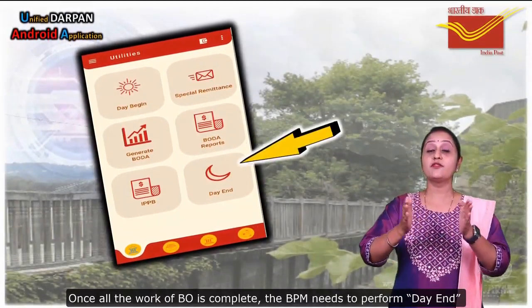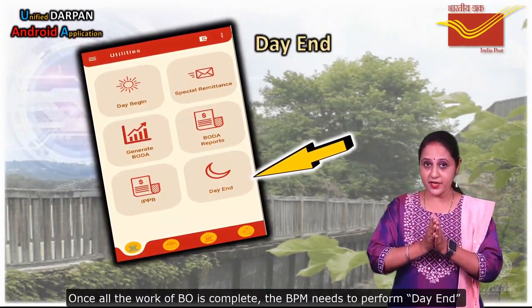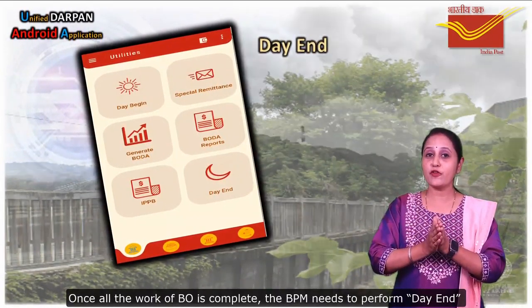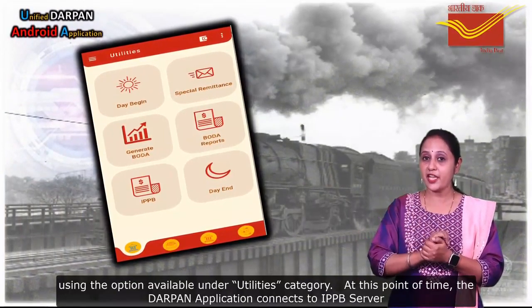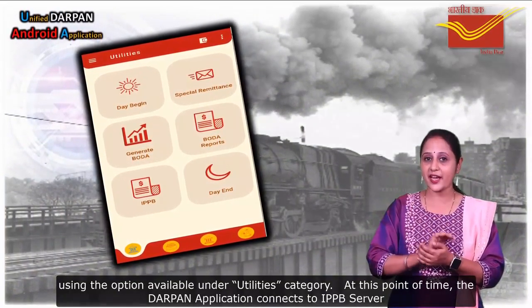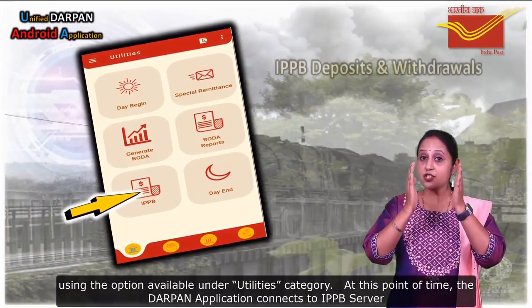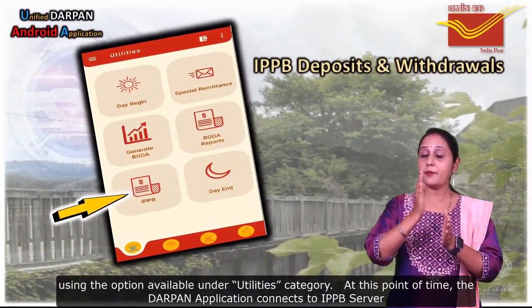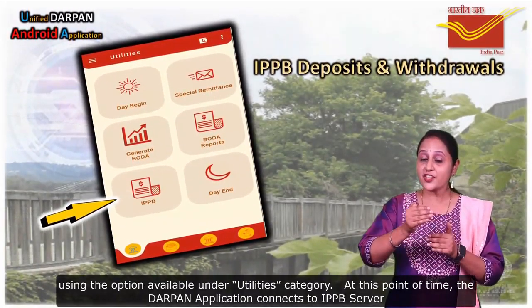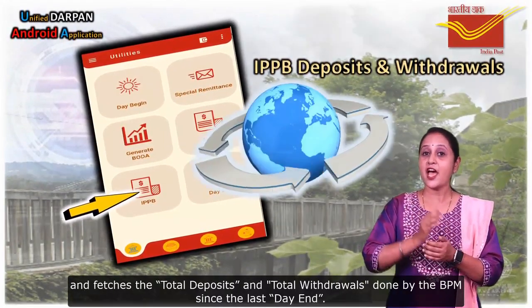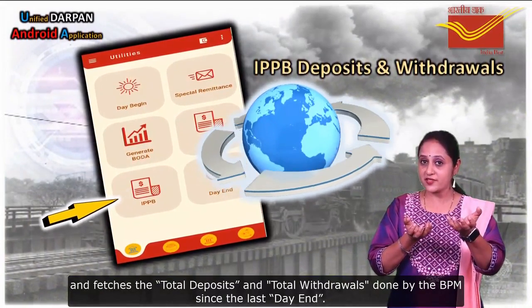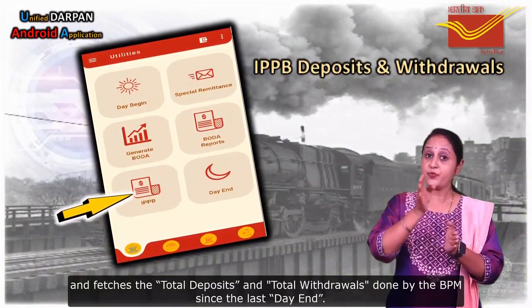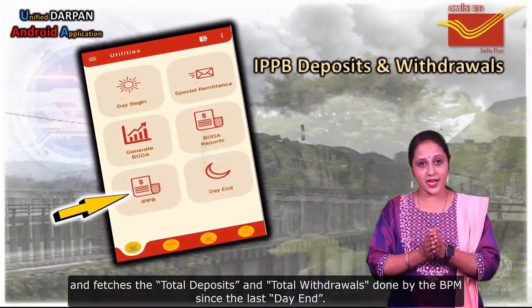Once all the work of the BO is complete, the BPM needs to perform day end using the option available under Utilities category. At this point of time, the Darpan application connects to IPPB server and fetches the total deposits and total withdrawals done by the BPM since the last day end.